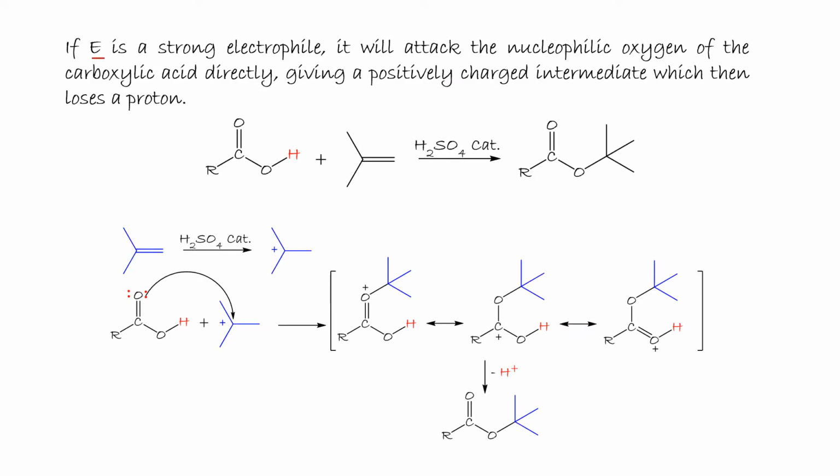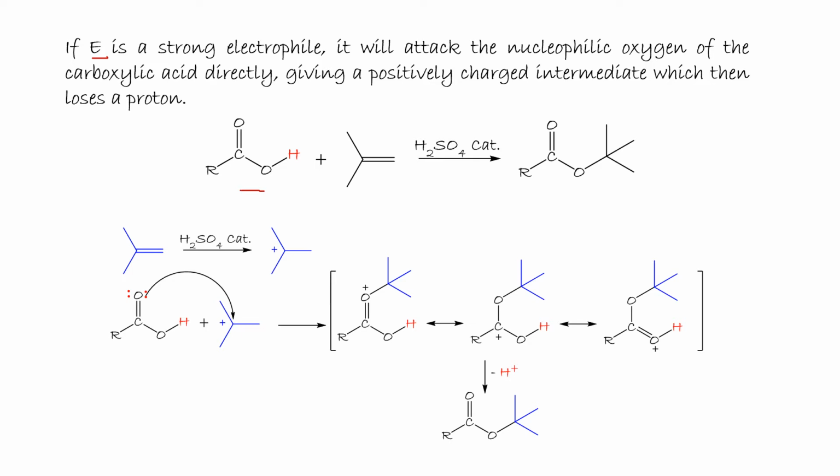If E is a strong electrophile, it will attack the nucleophilic oxygen of the carboxylic acid directly, giving a positively charged intermediate, which then loses a proton.